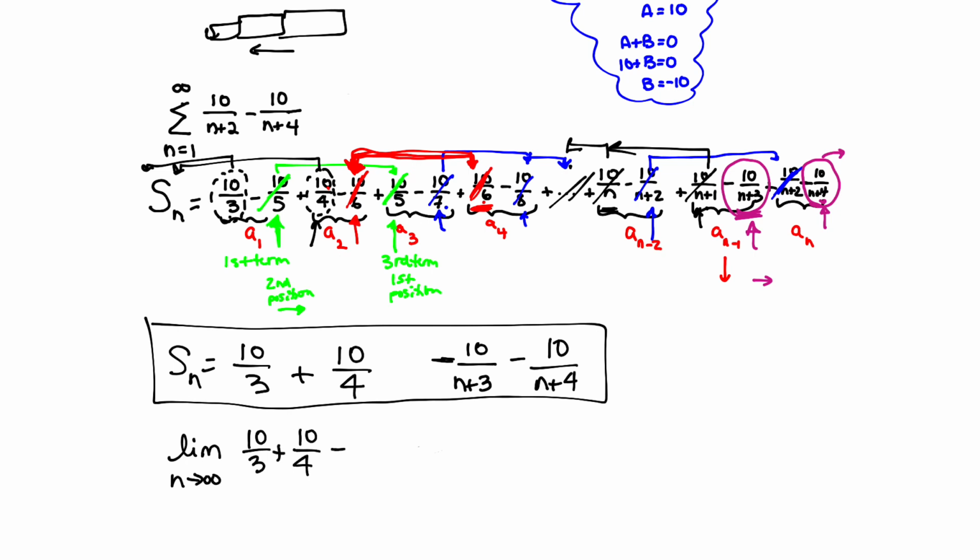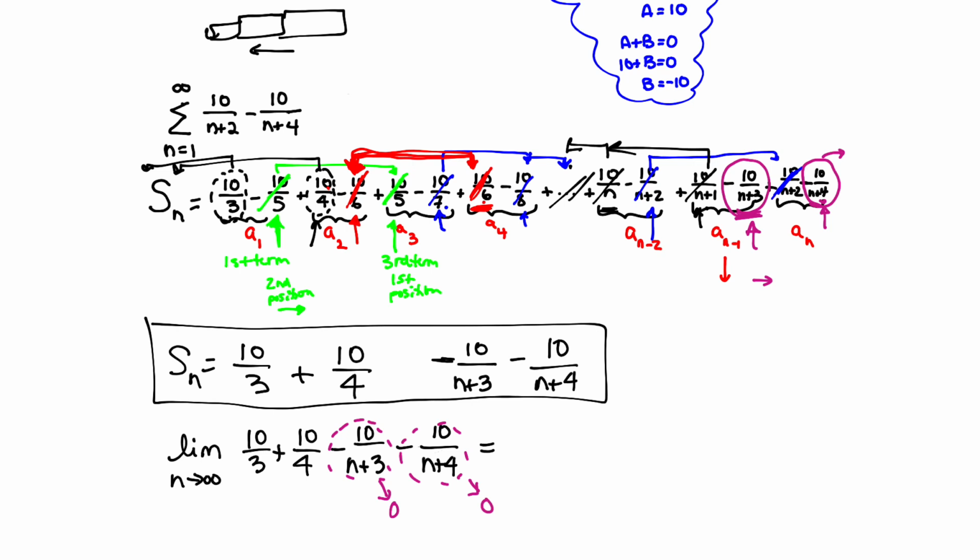So what do you get when you take a limit as n goes to infinity of this? What's that equal? This guy goes where? This goes to 0. This guy goes to 0.